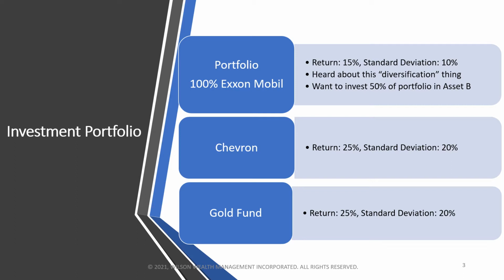It offers the same risk return profile as Chevron at 25% return, 20% standard deviation. So it would seem that you could probably add either Chevron or the gold fund and be in exactly the same position from a portfolio perspective.